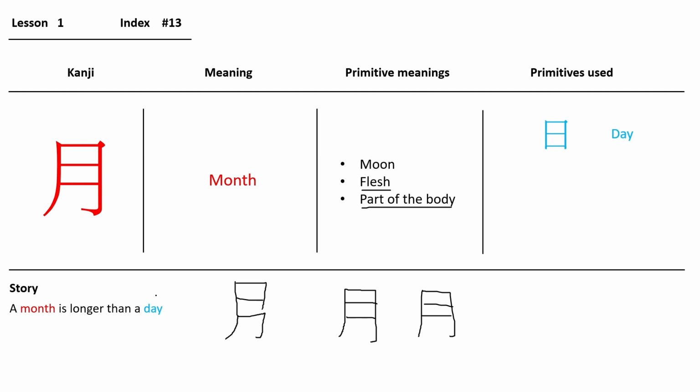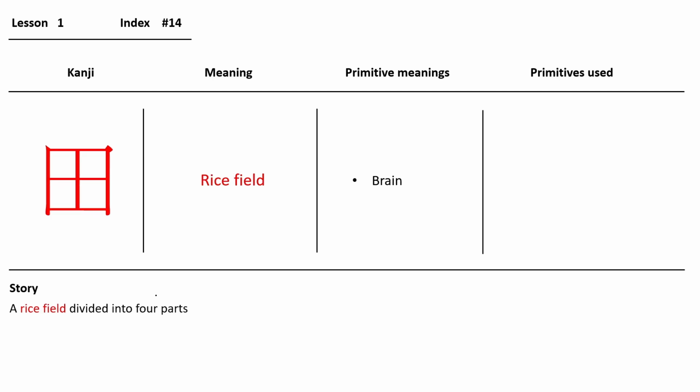So let's continue with character number 14. And this one has the meaning of rice field. Again, this character you will see a lot. It has a primitive meaning as brain, and this also will be quite useful, but not as much.